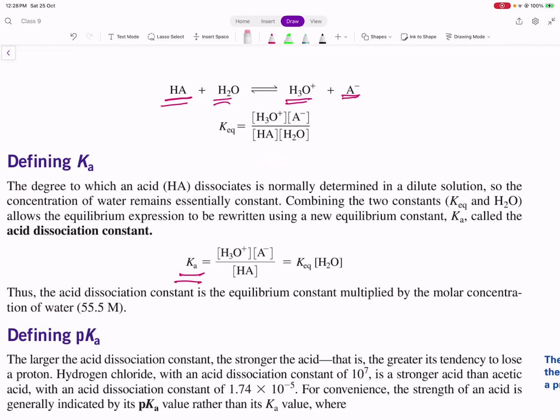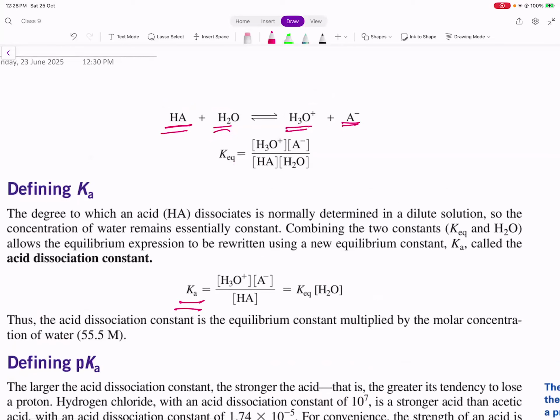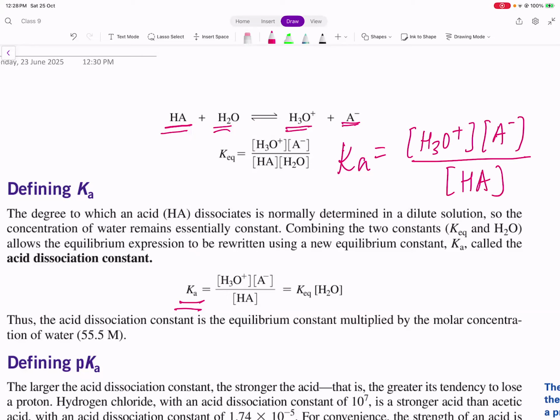We call that Ka, and it is simply [H3O+][A-]/[HA]. So we have to write the Ka, or acid dissociation constant. We will simply ignore the concentration of water. We'll assume it to be 1 because it is a pure liquid, and we can just write it like this. Clear?